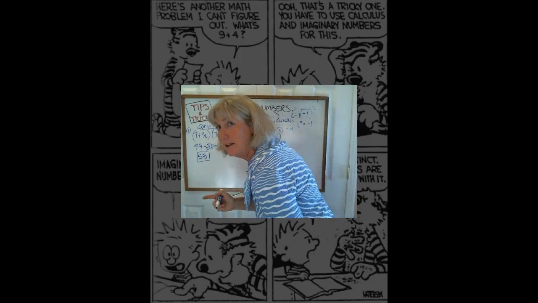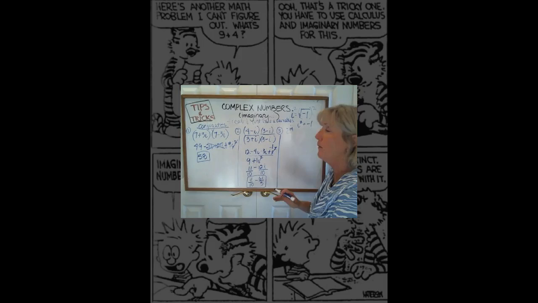So now I'm going to look at i to a certain power, and I want you to notice this pattern. If we have i, that's just equal to i. If we have i squared, we know that's equal to -1. If we have i to the third, that means a negative 1 times another i, so that equals negative i.